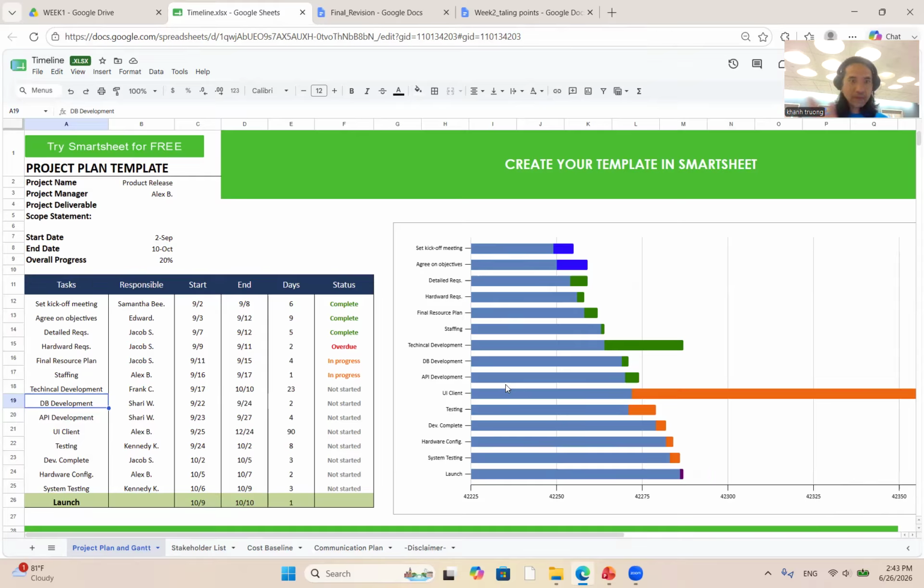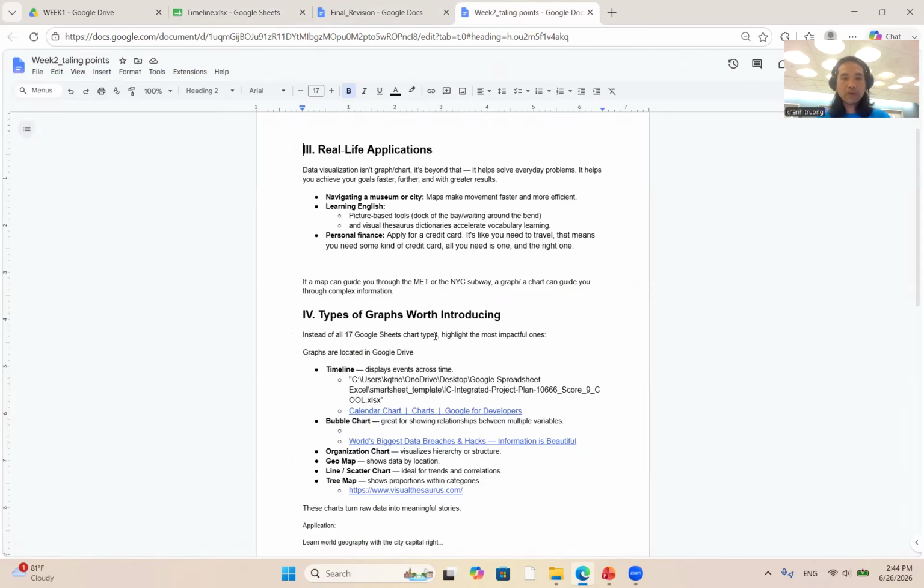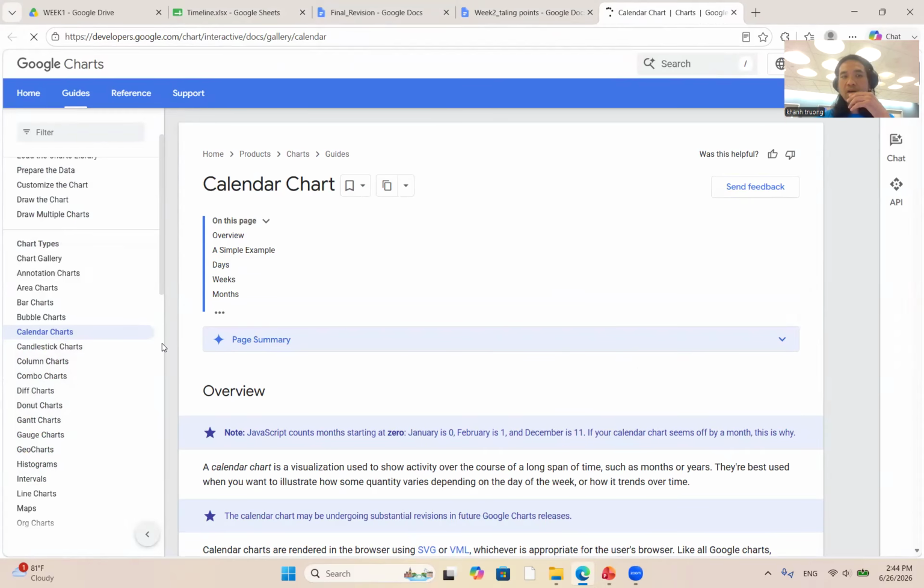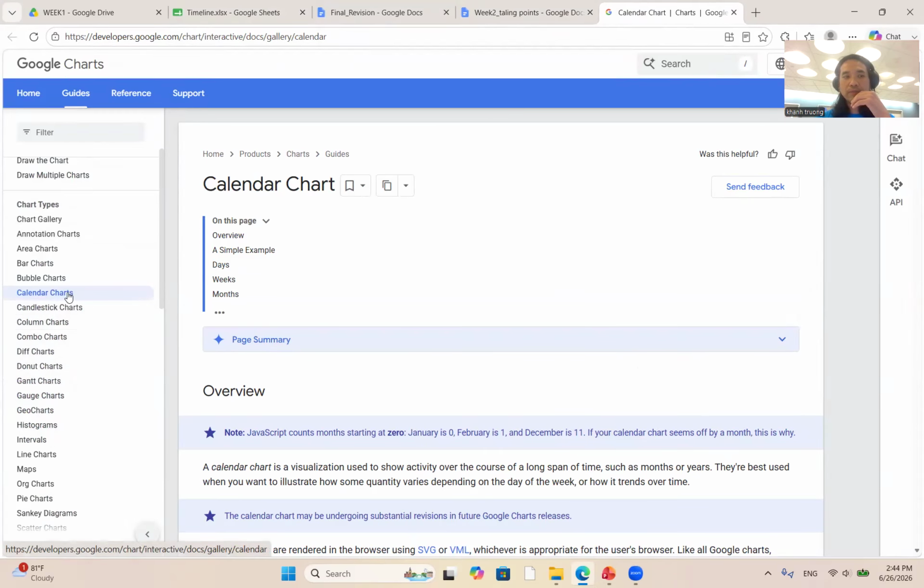So that's why, with all 10 weeks that we spent learning how to code, I feel like, hey, this is exactly what we've been doing. Now I just found this graph and I feel like, wow, this is cool, right? And if you want, you can actually go to, you see all this stuff right here, calendar chart, right?